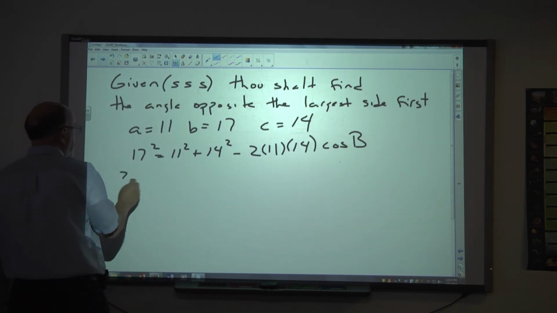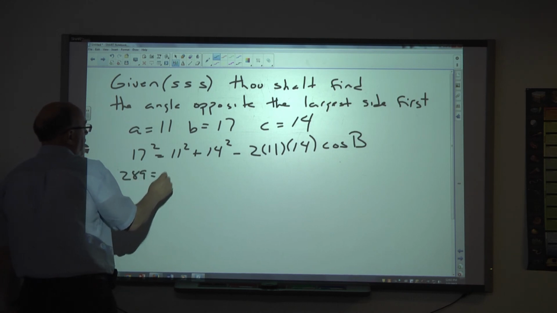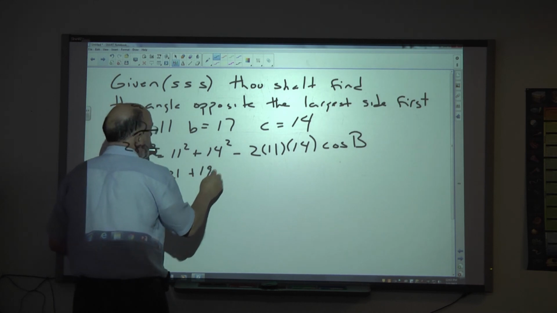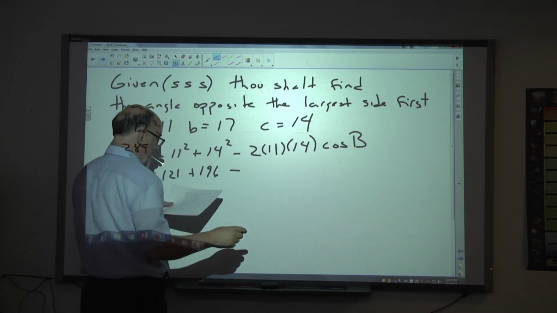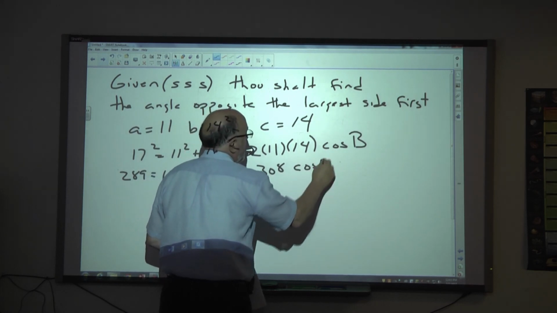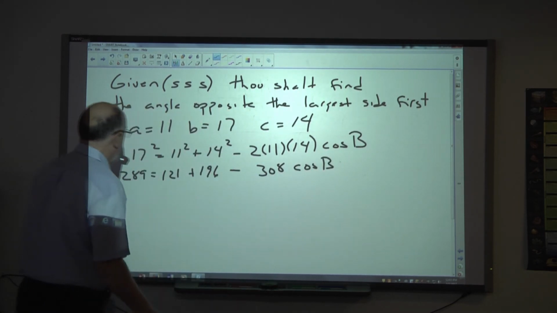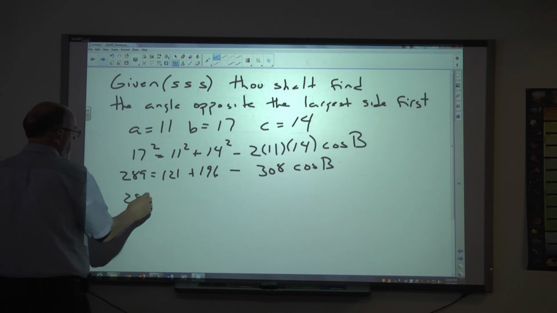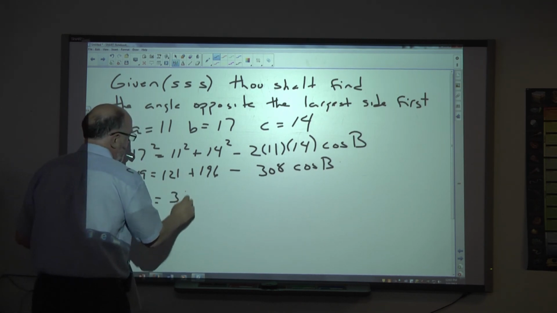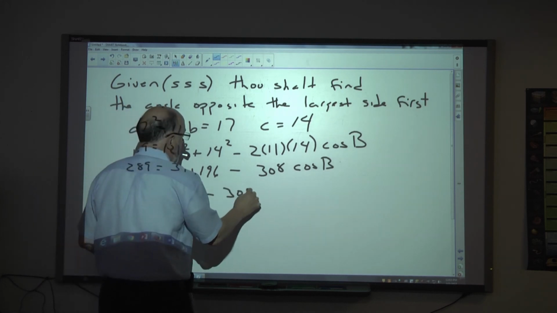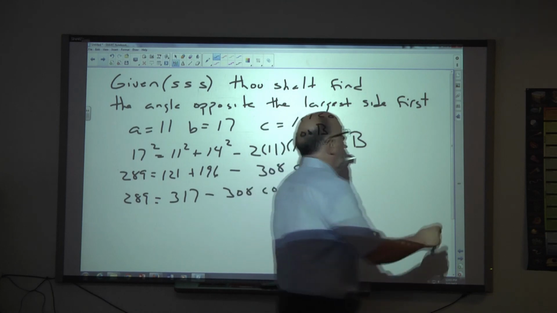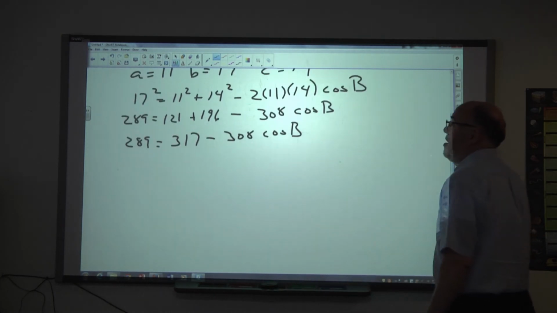This is going to give us 289 equals 121 plus 196, minus 308 times cosine of B. Add those two numbers together, we get 317 minus 308 cosine of B.